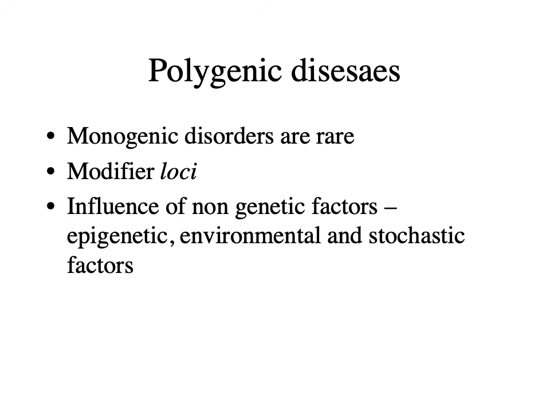In addition, most genes have modifier loci; any one gene does not operate in isolation and can be influenced by other loci near or distant from the gene of interest. And then in addition, there are also a variety of non-genetic factors such as epigenetic, environmental, and stochastic or random factors.